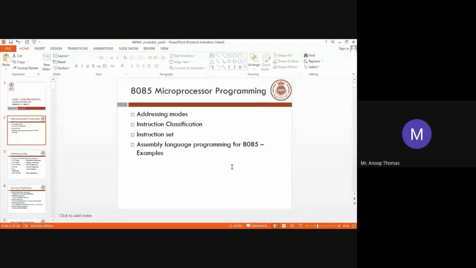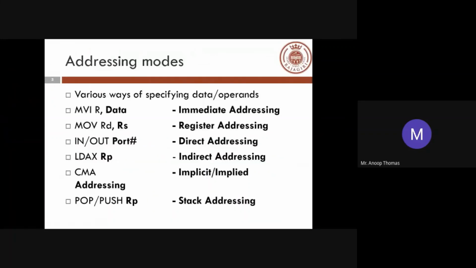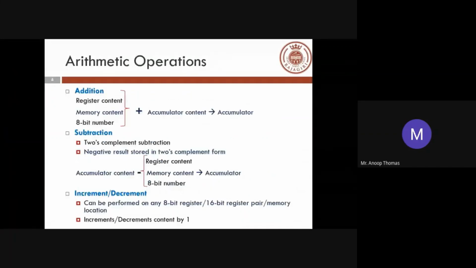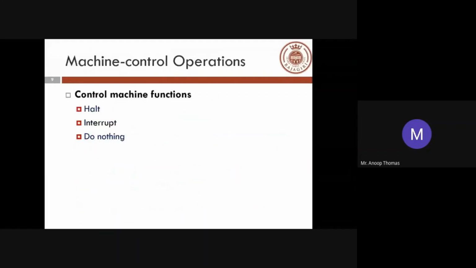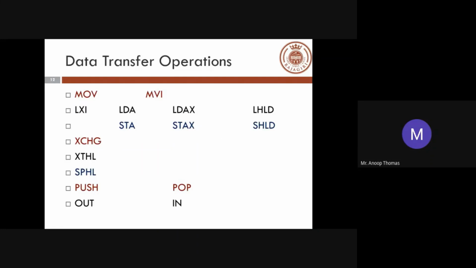So let's start with understanding your machines. The whole idea is to understand your machines. We had gone through the basics of addressing modes, instruction classification, and the different kinds of operations associated with it. I also introduced a certain simulator which you can use. So we have started with the instruction set.